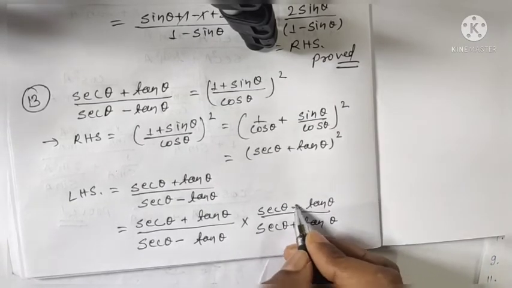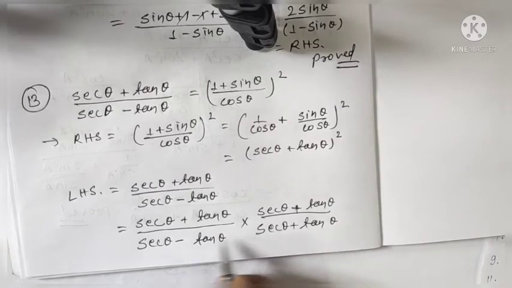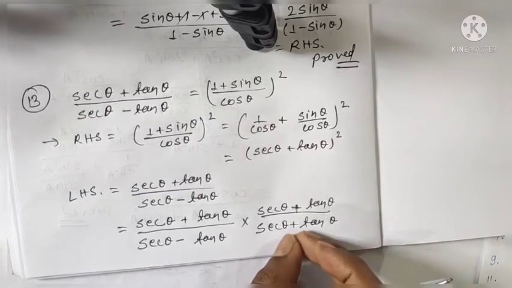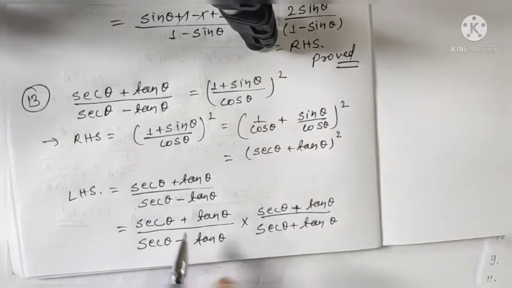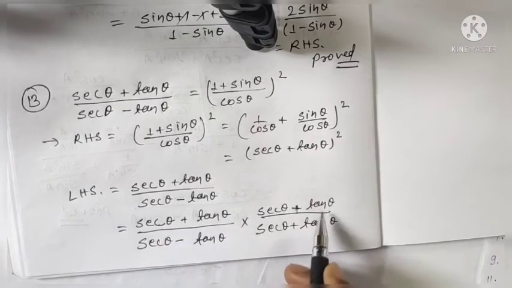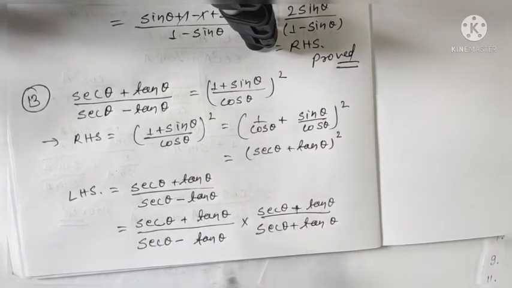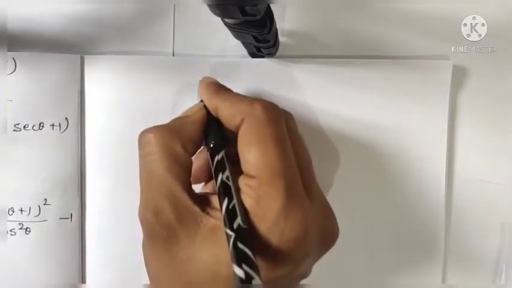This is the simple rule of rationalization: just multiply the denominator by changing the sign, right? Hence it will be (sec theta plus tan theta) whole square divided by sec square theta minus tan square theta.